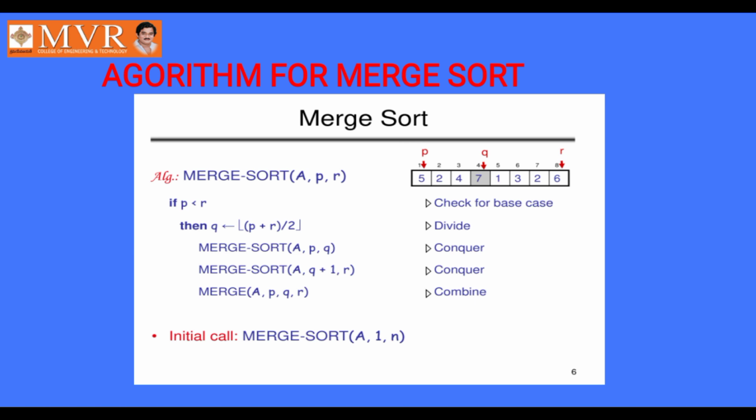Let me give a simple example for this. Consider an array of 10 elements. I start my index with 0 and end with 9. Now if I calculate the mid position, mid is equal to (0 plus 9) by 2, that is equal to 4.5. I consider only the integer part, so it will be 4.